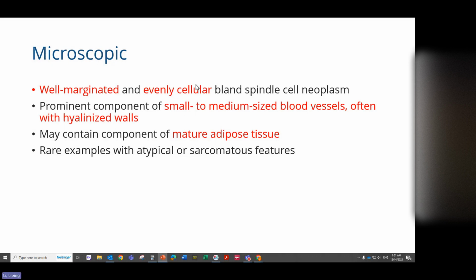They usually form lobular or nodular patterns, separated by fibrous septae. The vessels are small to medium size, but they have hyalinized walls. They may contain some mature fat tissue.